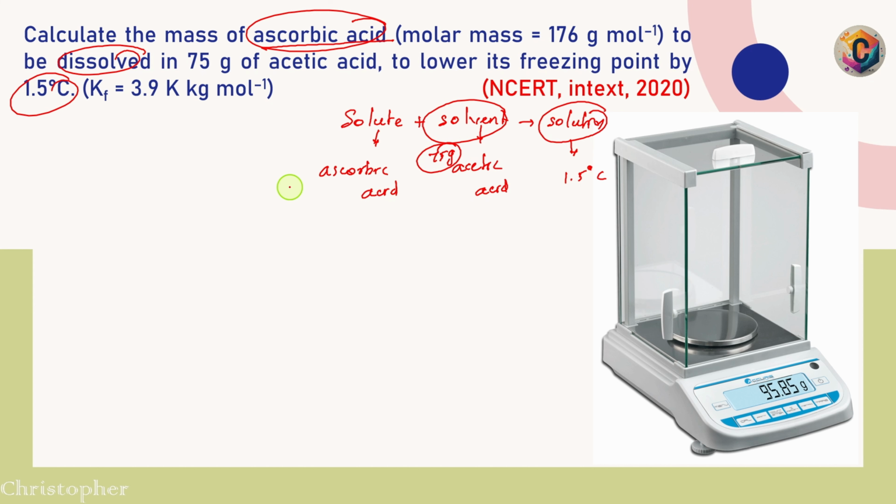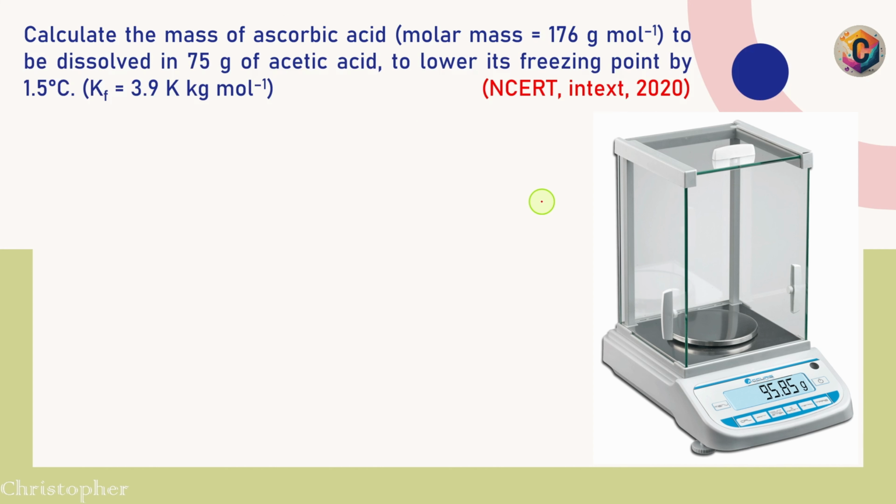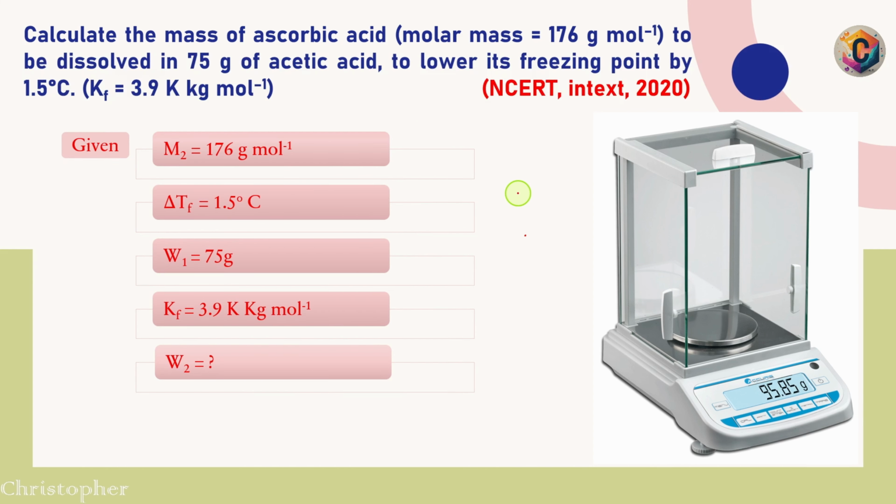They are asking how many grams of ascorbic acid are to be dissolved in 75 gram of acetic acid to lower the solution freezing point by 1.5 degrees Celsius. This is the question. Data are very important. If you know how to extract these data from the question, everything is going to be easy.